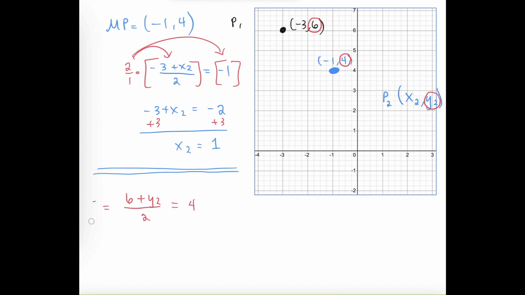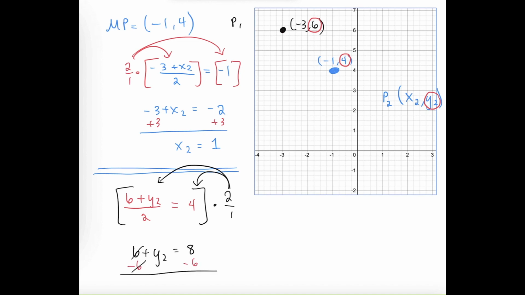We can use this as an equation and solve for y2. Again, we multiply both sides by 2 to clear the fraction. So 2 on the left yields 6 plus y2, the 2's cancel. 2 multiplied on the right is equal to 8, and then all I have to do is subtract 6 from both sides to get that y2 is equal to 2.